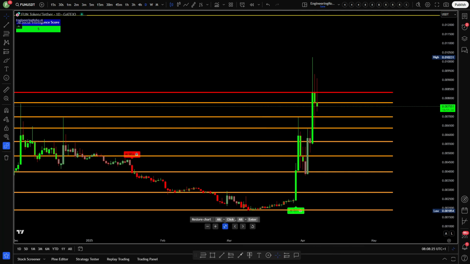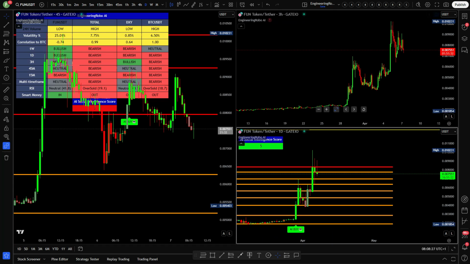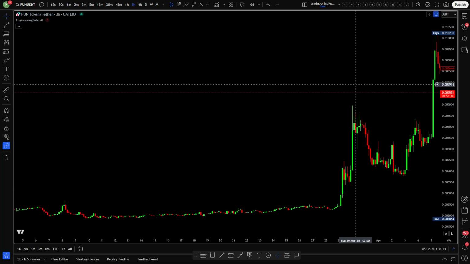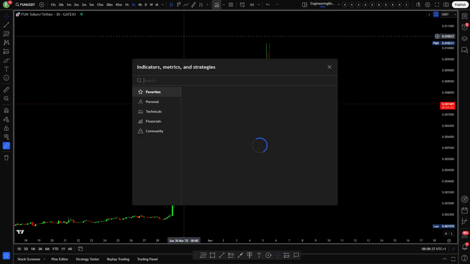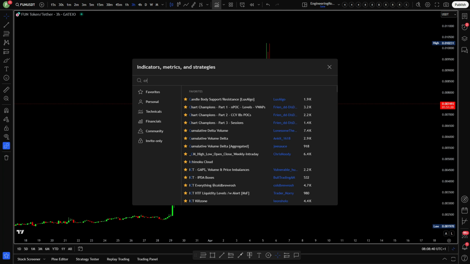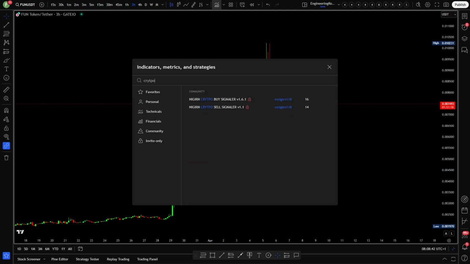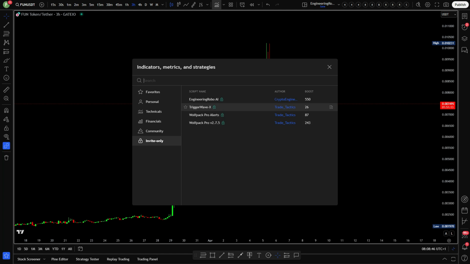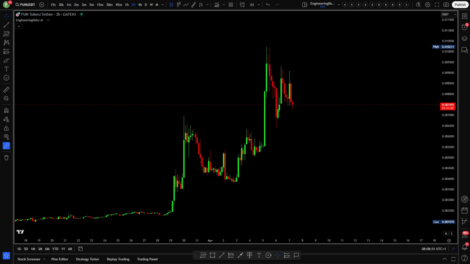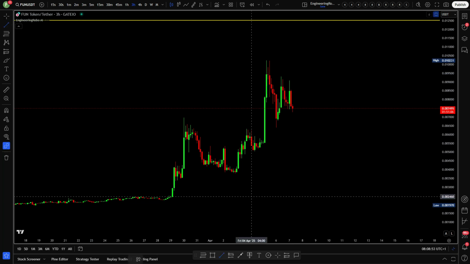So let's actually see what the fund token is telling us on the smaller time frame. By the smaller time frame, I do mean the 3 hour, and then eventually we will go down into the 45-minute time frame in a moment.